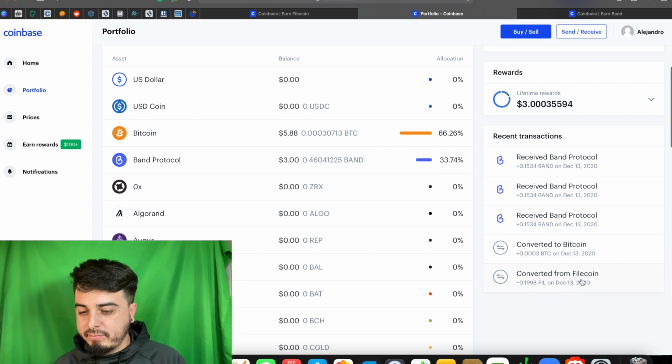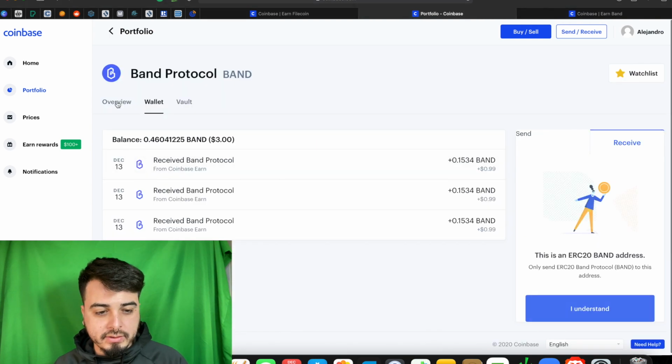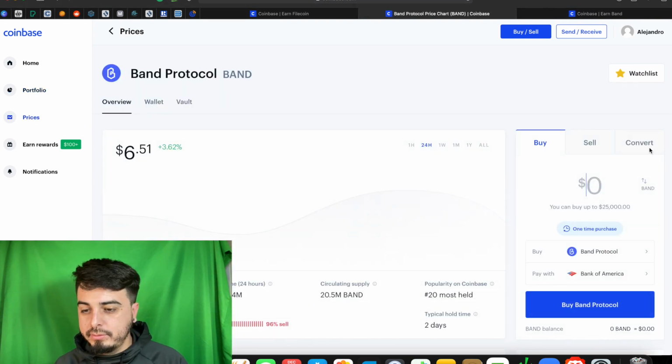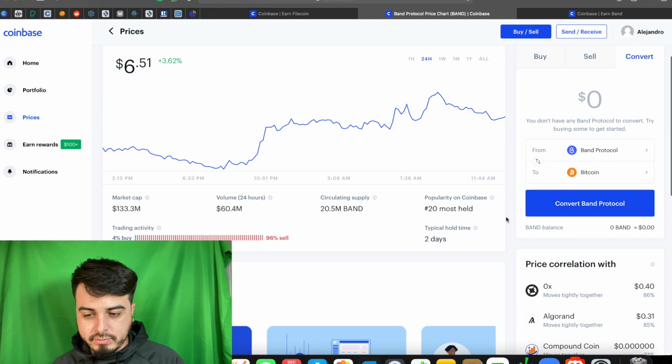Well, see, converted from Filecoin. I had them, and then I just converted them to Bitcoin. That's why there was $5.88. This is supposed to be $6 from Filecoin. But anyways, going back to Band. Overview, hit convert, and we are going to convert all of it.